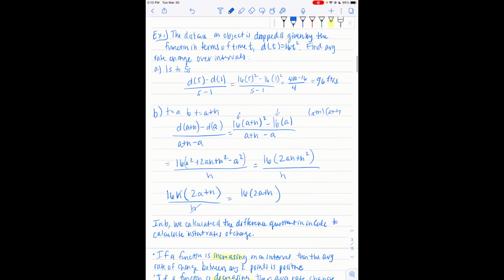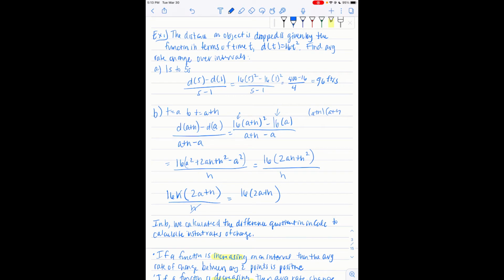Okay, for our next example, we're looking at the distance an object is dropped, given by the function in terms of time t. So I have d(t) equals 16t squared, and we want to find the average rate of change over these various intervals. So I have from 1 second to 5 seconds. So I'm going to do d of 5 minus d of 1 over 5 minus 1.